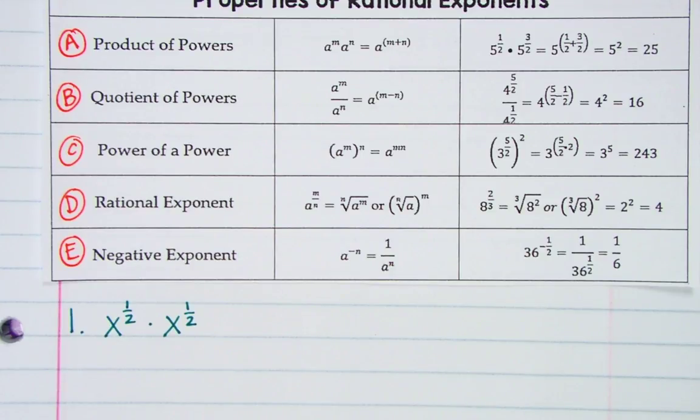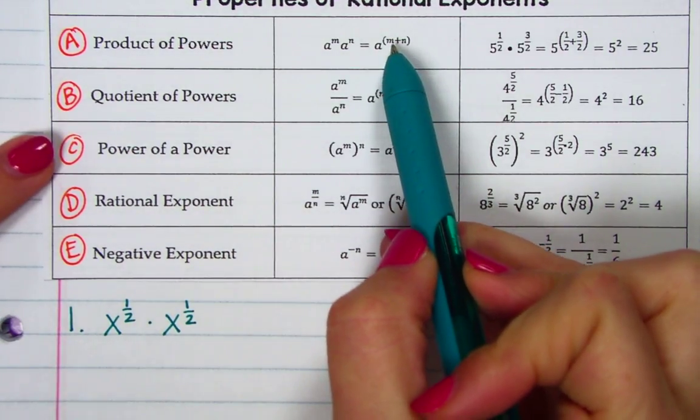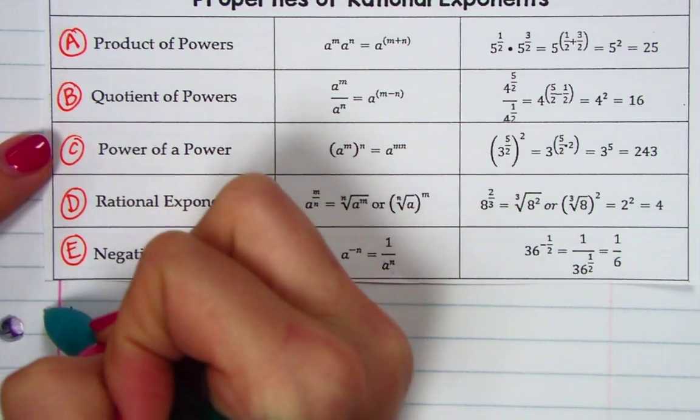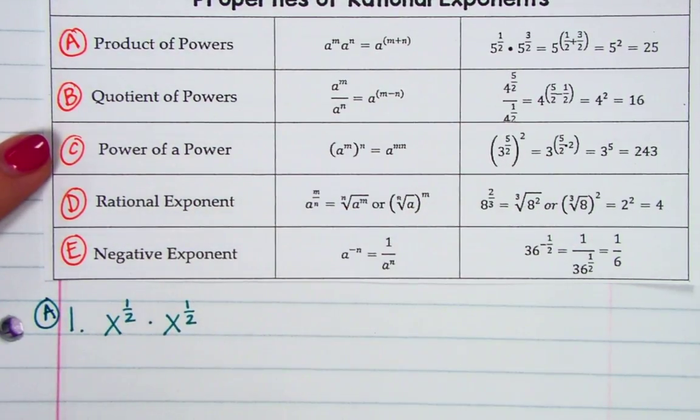Which one looks similar? I need more people to answer. Right, same base, both have exponents, no parentheses. Which one is it? A, right? A. Okay, and what they did there is they added the exponents together. Okay, so since we're multiplying, we're going to use A. I'm going to put a little A there so that I know that is the one that I used.